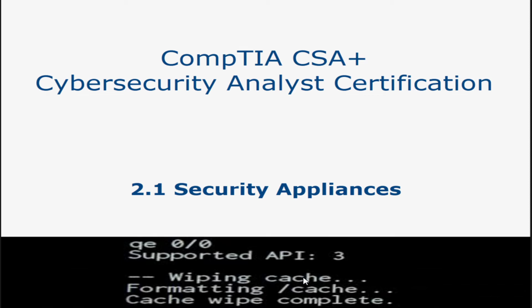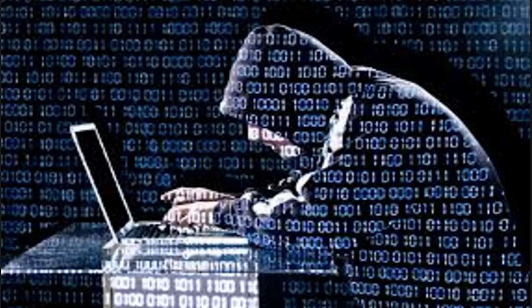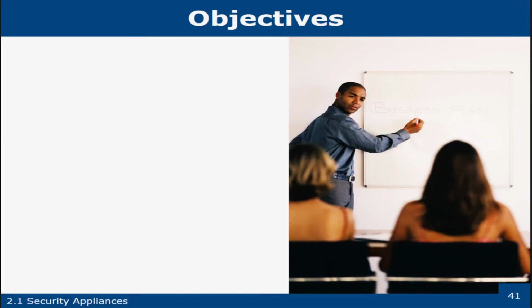So now let's talk about security appliances. This is a wide area, but again, a simple area to understand basically. There are a few key points I'm going to go through that I want to make sure you're aware of. When it comes to appliances, we want to understand the different types that are out there.